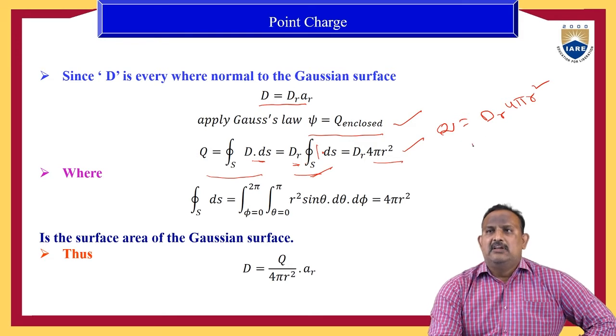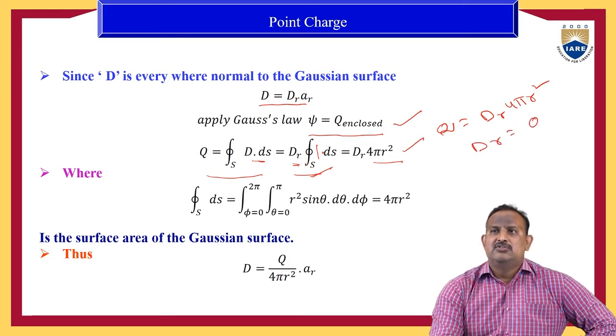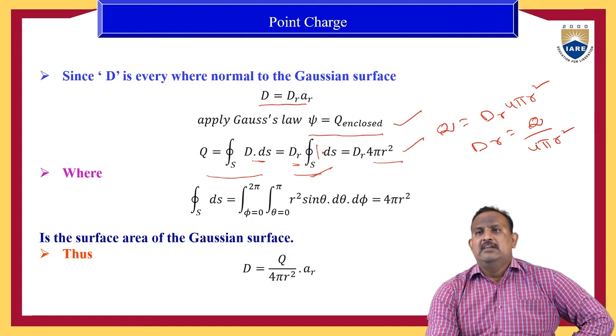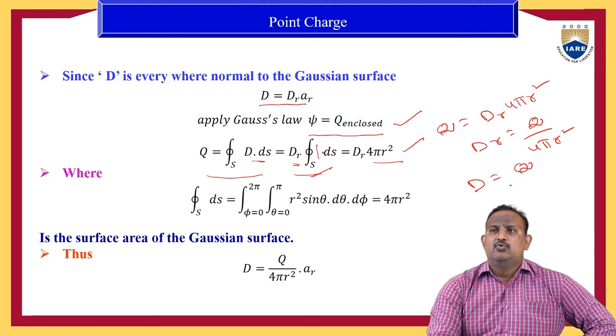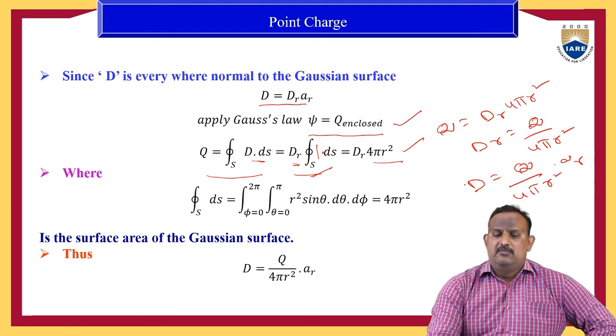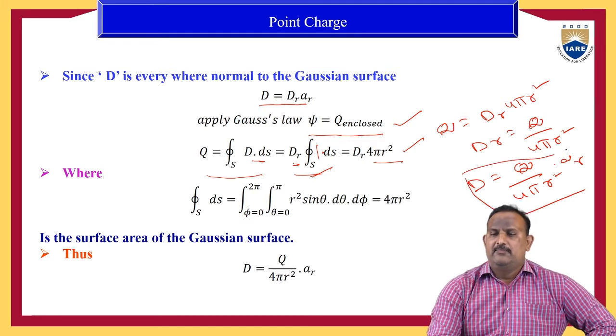Then we can write Dr is equal to Q by 4 pi r square. Or in general, we can write D is equal to Q by 4 pi r square into AR, where AR is a unit vector.